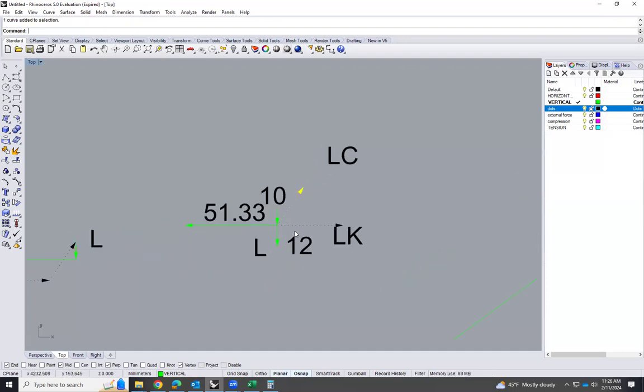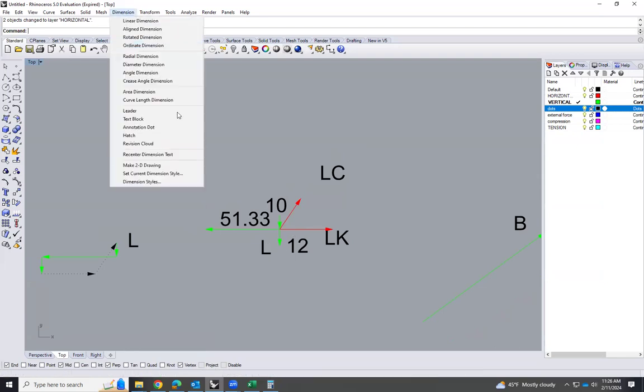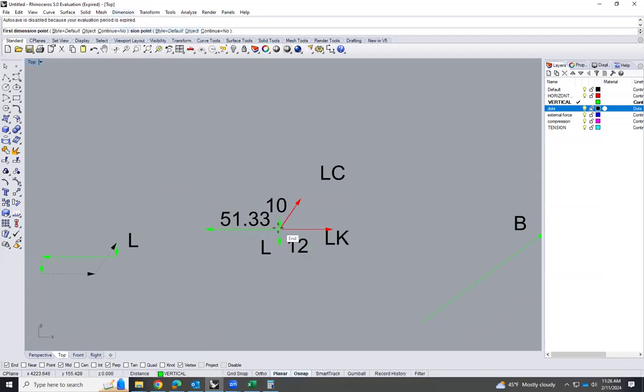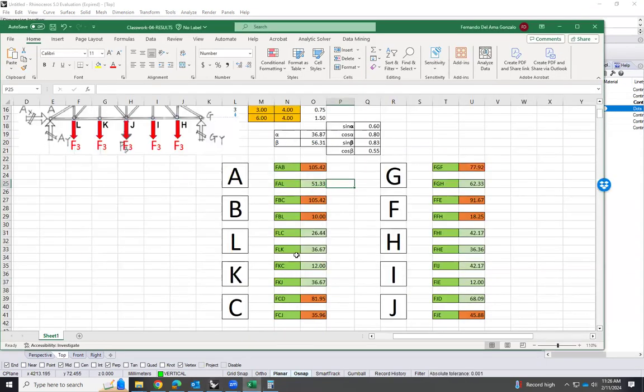So what is LC and LK? Dimensions. This is 26.44 and this is 36.67. So LK, let's check this here.